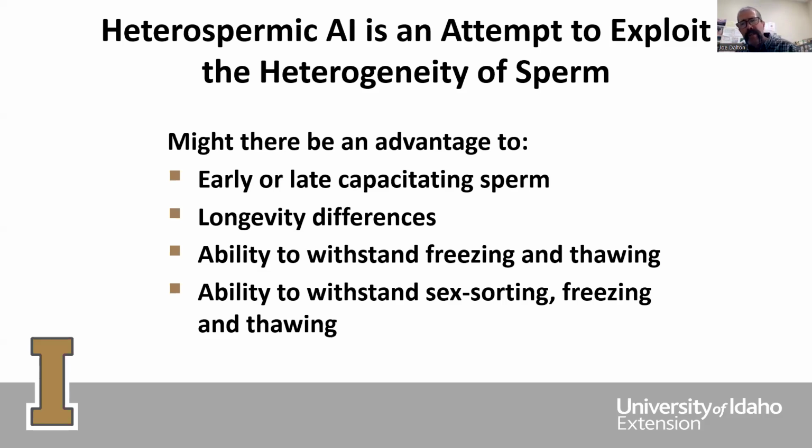So that's where this idea of perhaps if we mix males together, if we mix the sperm from males together, we'll be able to exploit and benefit from the heterogeneity of sperm, from the differences of sperm within each ejaculate as it's mixed up in the straw.